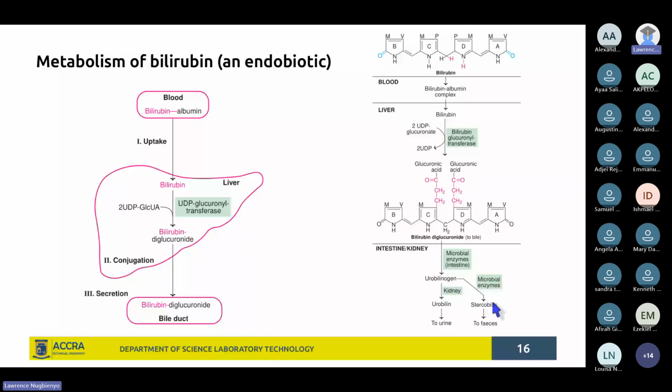That is a conjugation reaction, rendering the bilirubin more aqueous so it can get excreted out of the body. Because if bilirubin is not conjugated, just bilirubin on its own getting accumulated in the system can have some health effects.